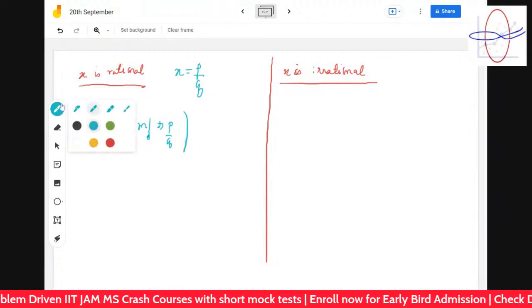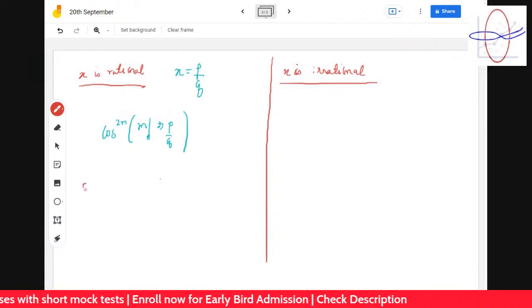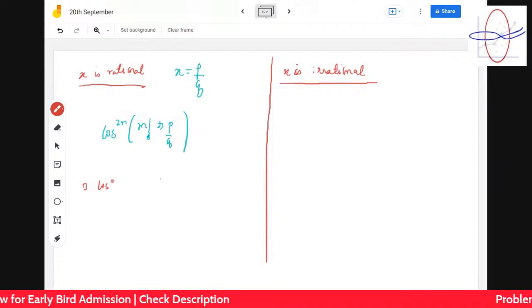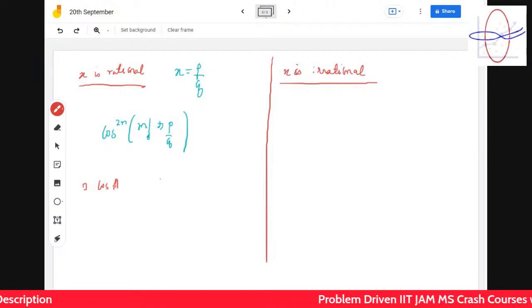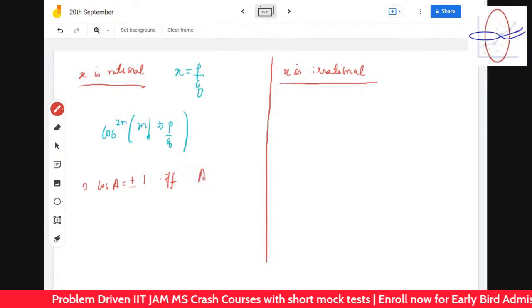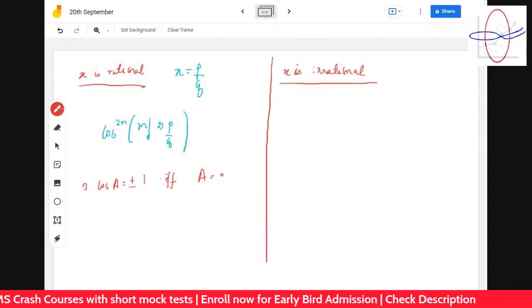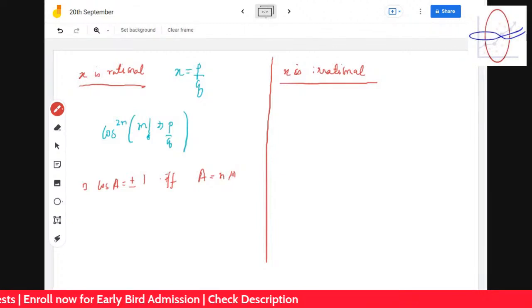Understand something very carefully, that we will use one result over here. The result is that cos a is equal to plus minus 1 if and only if a is a multiple of pi, right? a is equal to n pi format.